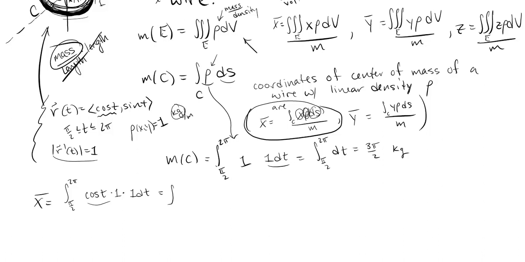Cosine integrated gives me sine, evaluated from the bounds. At the top bound I get sine of 2 pi is 0, sine of pi halves is 1, and so we get negative 1.